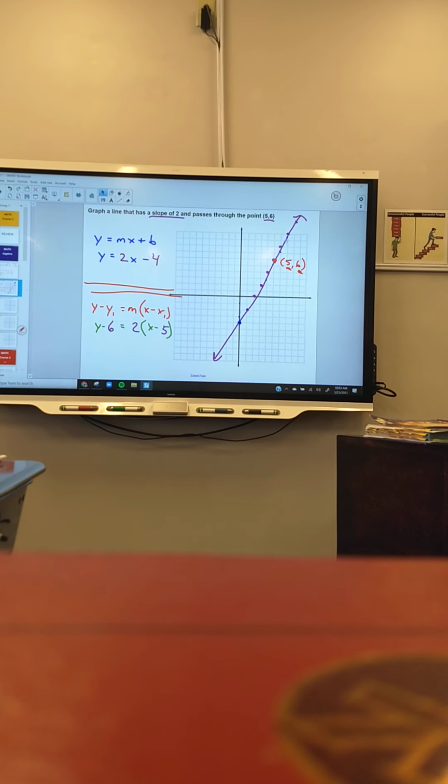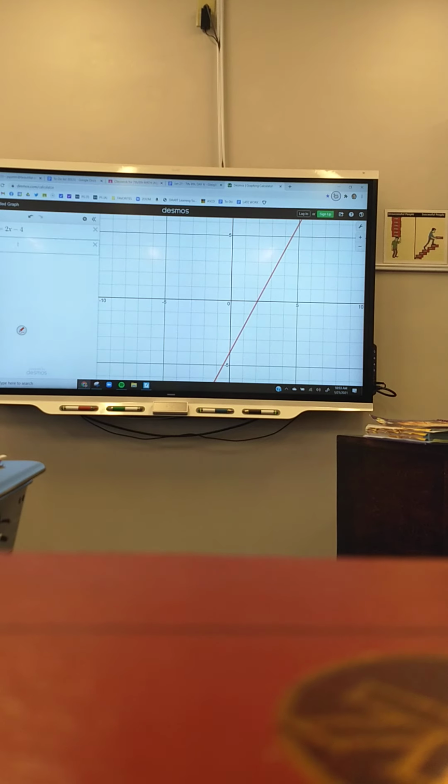It looks pretty similar to what we had graphed by hand. Let me put this formula in there as well. y minus 6 equals 2 times x minus 5. Look at that, same line, isn't it?